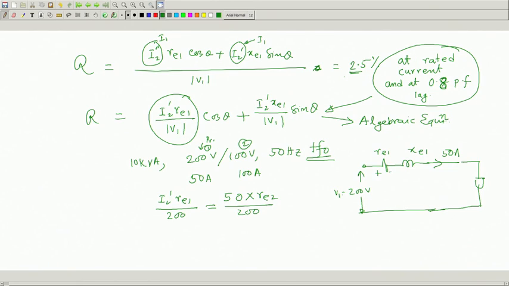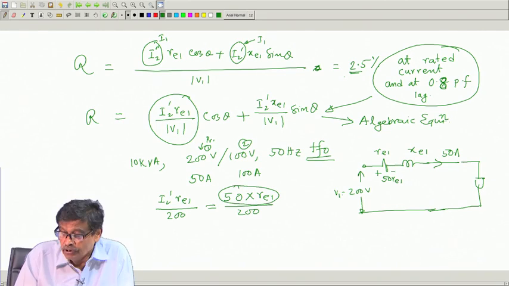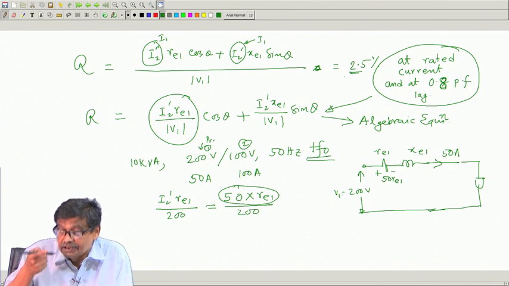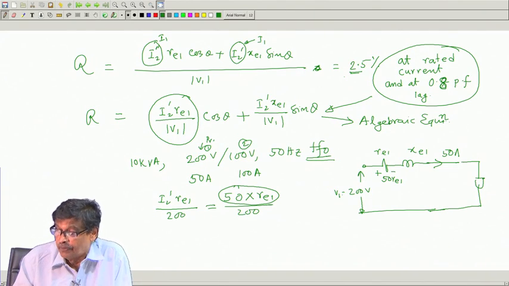It means this voltage drop at that rated current, 50 into R e 1. I am so sorry, this is R e 1.